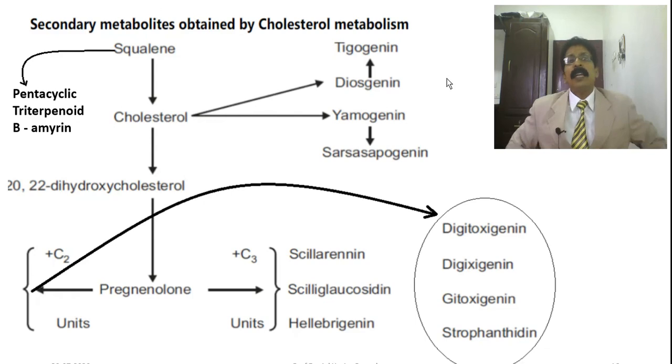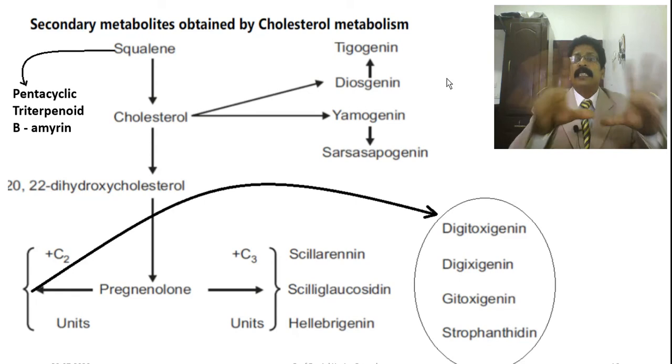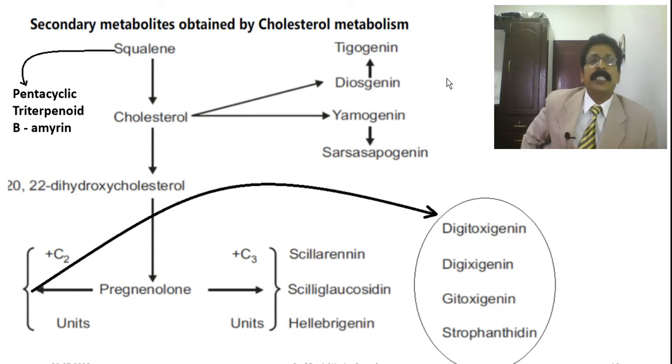Secondary metabolites obtained by cholesterol metabolism are shown in this slide as a schematic diagram. Squalene can give rise to the pentacyclic triterpenoid beta-amyrin molecule, and cholesterol can give rise to tigogenin and diosgenin, which is a very common sapogenin.